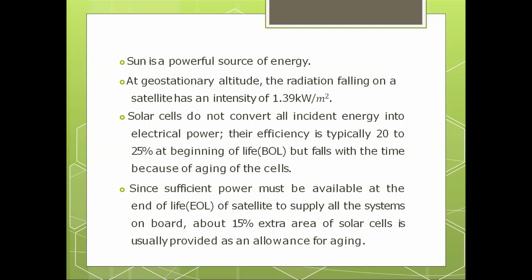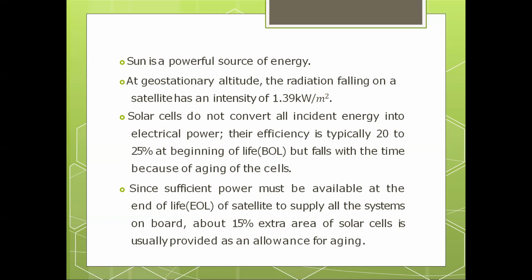Now, what is the main task of this power system? These solar cells don't convert all this incident energy into electrical power, because the efficiency of the solar cells in the satellite is very low, approximately 20 to 25 percent. That is called a parameter at the beginning of life. In satellite design, they use the parameter beginning of life, BOL.